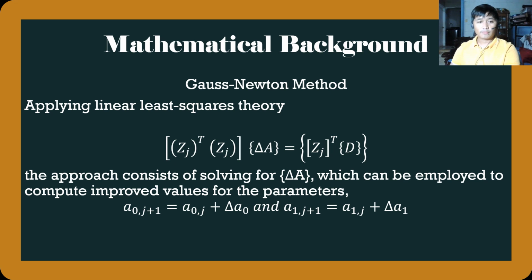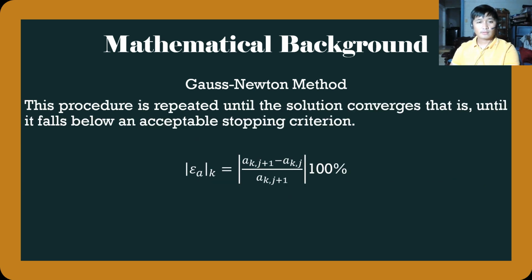So we have a sub 0, j plus 1 equal to a sub 0, j plus delta a sub 0, and a sub 1, j plus 1, which is the prediction, equal to a sub 1, j plus delta a sub 1. This procedure is repeated until the solution converges, that is, until it falls below an acceptable stopping criterion.